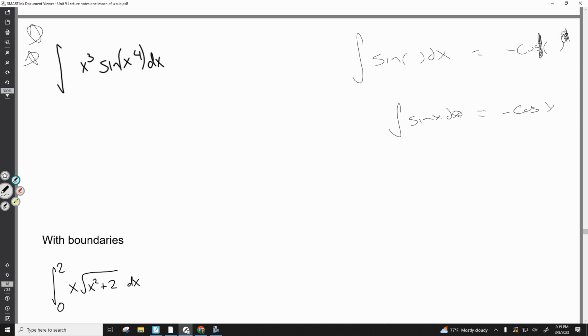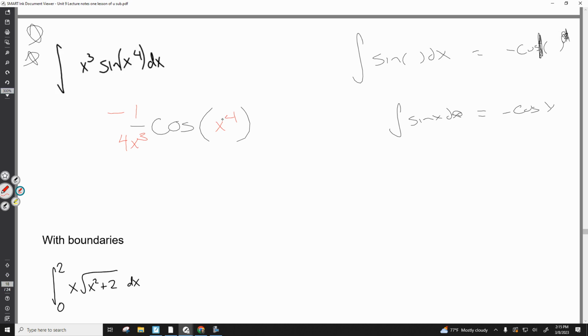All right. Focus on the chain. The chain is the sine parentheses, negative cosine parentheses. What starts in the parentheses stays in the parentheses. You need to undo the derivative of the inside. So I need a 1 over 4x cubed.